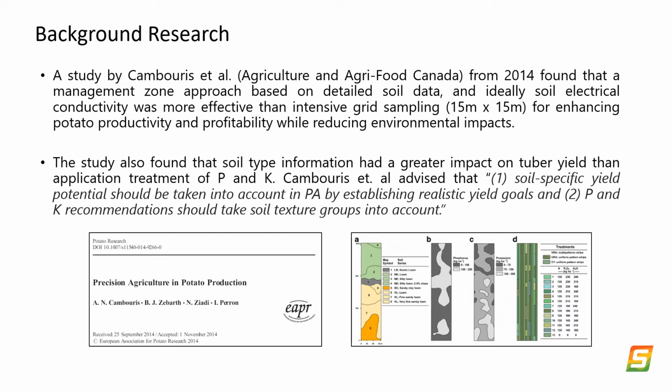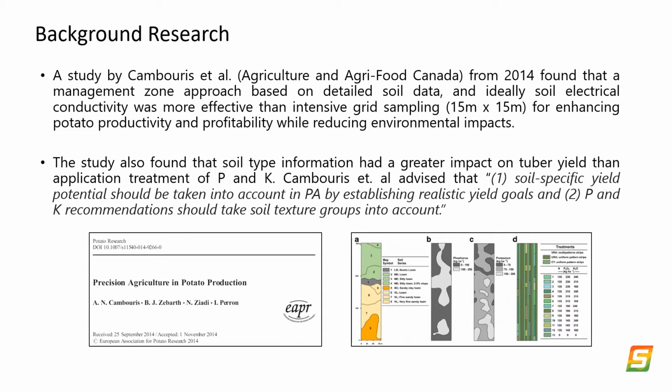So the grid sampling strategy would be measuring the differences in soil nutrients and analysis from the lab, and the management zone strategy took into account the differences in soil texture and soil type.